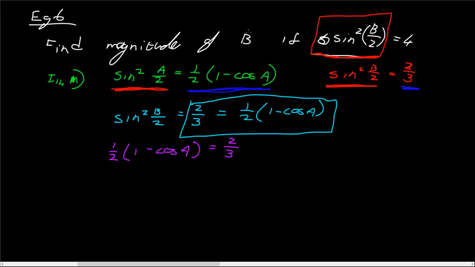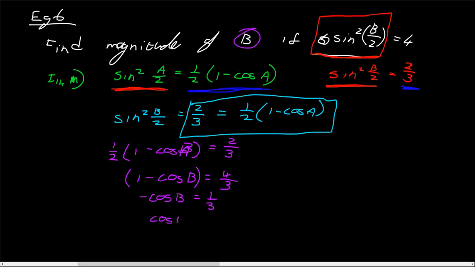Because they asked us to find the magnitude, or actually this is cos b. We need to find the magnitude of b. So take the half across, that is going to become 1 minus cos b is equal to, if we divide 2 over 3 by half, we end up with 4 over 3. Okay. Then we're going to take this 1 across. So negative cos b is equal to 4 over 3 minus 1, which is 1 over 3.